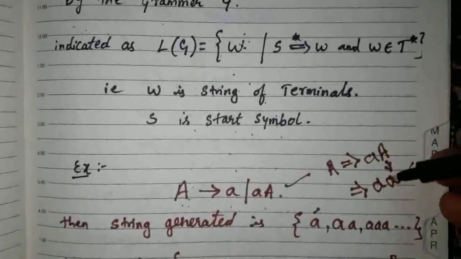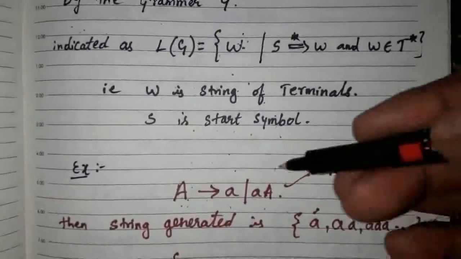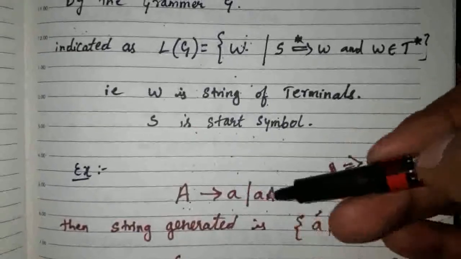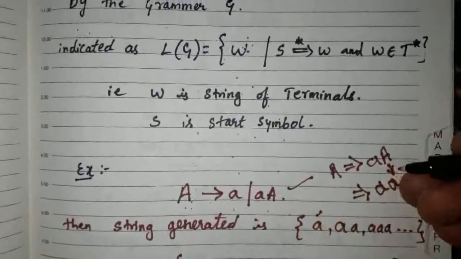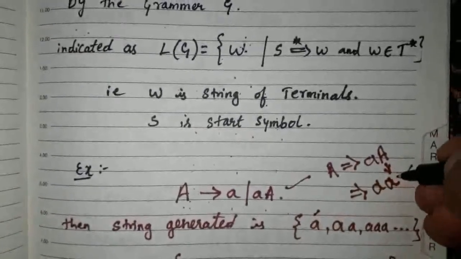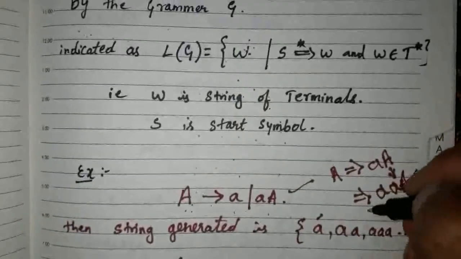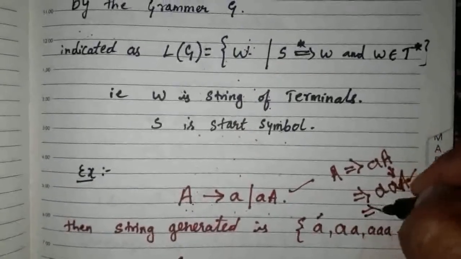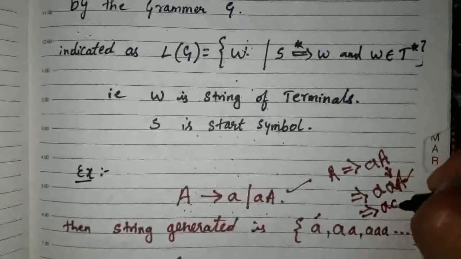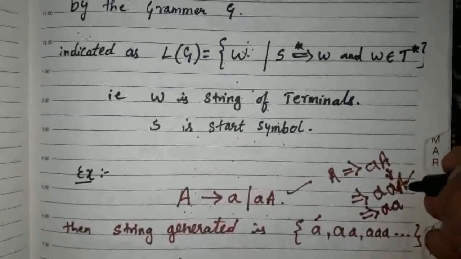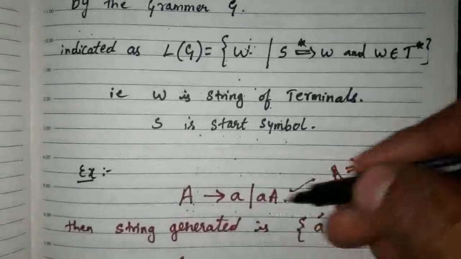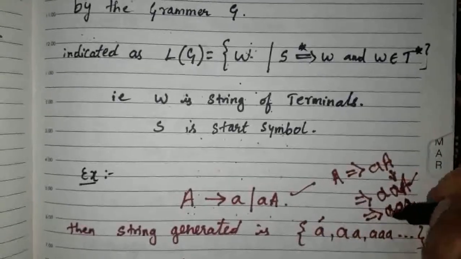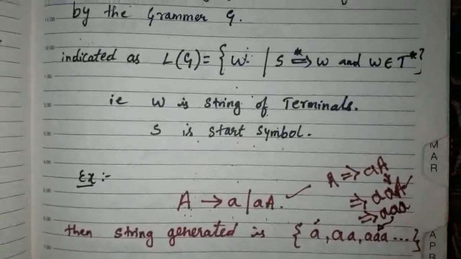Suppose instead of taking small a, if I take the second definition, that is AA, and in the next iteration I change it to AAA, and then change each variable to the terminal symbol a, I'll get triple a's, that is the third string.